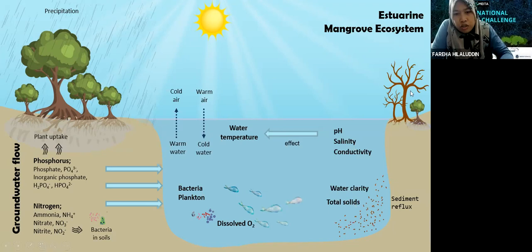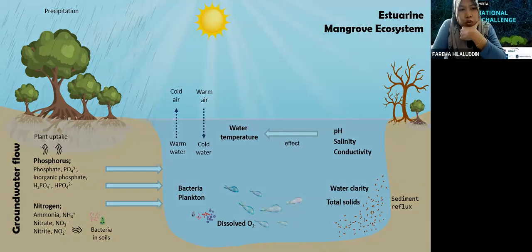If we can see here, if there is deforestation, sediment runoff will cause the water quality to worsen, because of erosion. So these are the components of water quality.